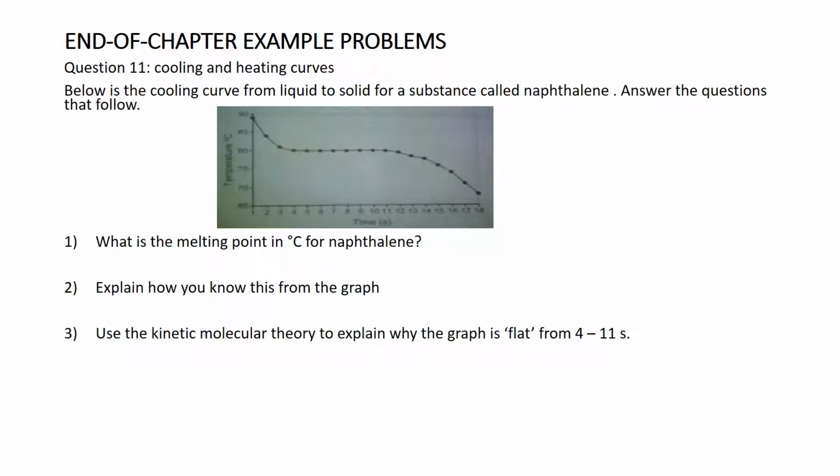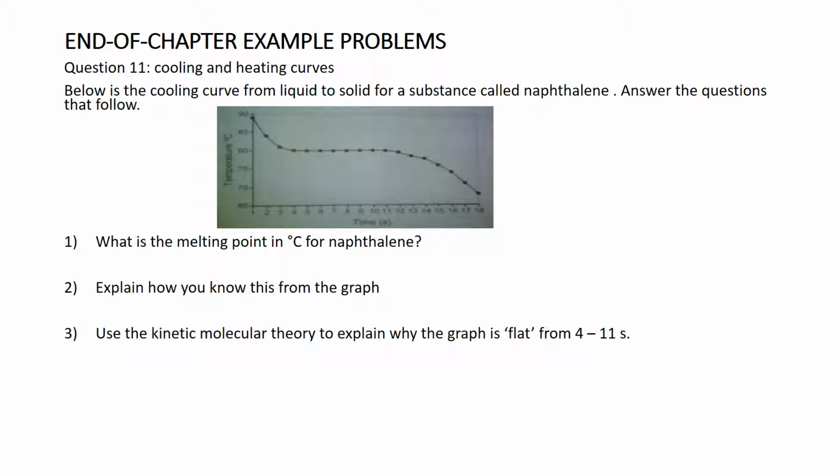Let's move on to question 11 about cooling and heating curves. Question 11 is basically about a curve for a substance called naphthalene, going from solid to liquid, and you should answer the following questions. I hope you can clearly see the picture.